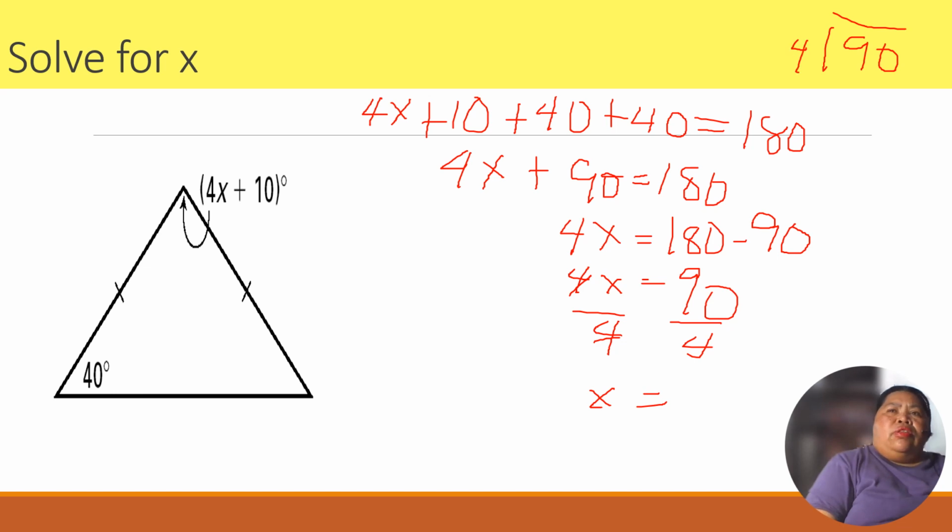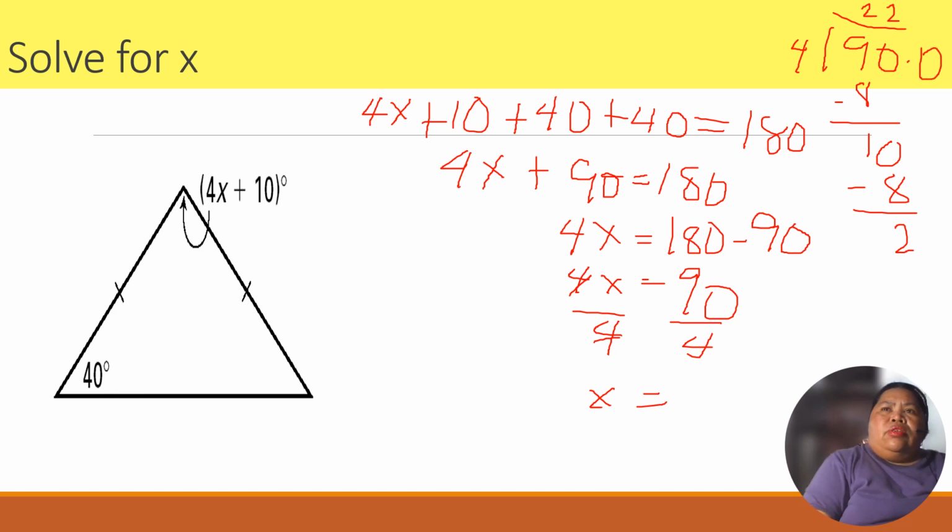First we get 9. 9 divided by 4 is 2, 2 times 4 is 8, 9 minus 8 is 1. We bring down 0. 10 divided by 4 is 2, 2 times 4 is 8, then we get 2. Then we get a decimal: 20 divided by 4 is 5. So that's 22.5.